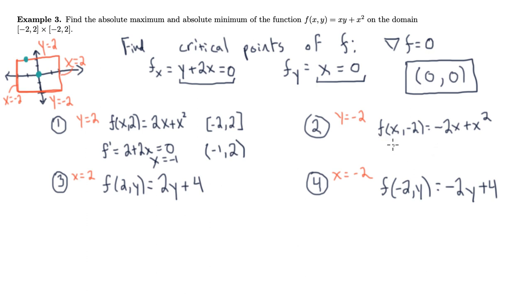Over here, if I take f prime, that's going to be -2 plus 2x. And if I set that equal to 0, I'm going to get x is equal to 1. So I need to check also the point (1, -2), which is down here.